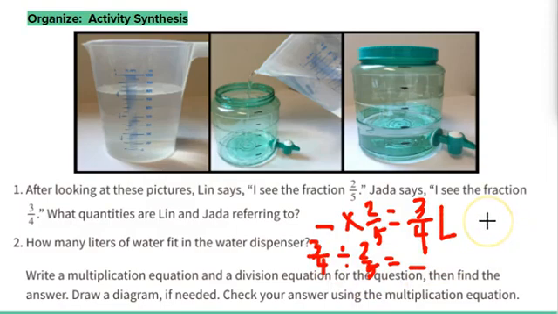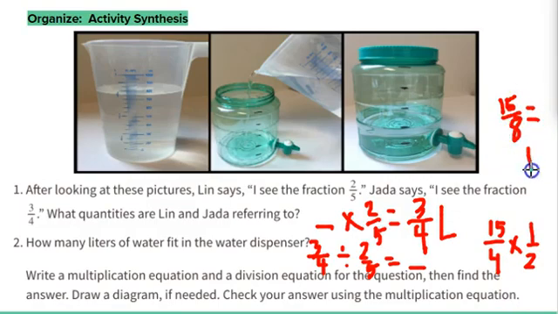Again, if you want to do keep, change, flip, that's fine. 5 times 3/4 gives us 15/4. And now we are going to divide by 2, or multiply by 1/2, which gets us 15/8. I'm going to write it up here. So the entire thing should hold 1 7/8 liters.